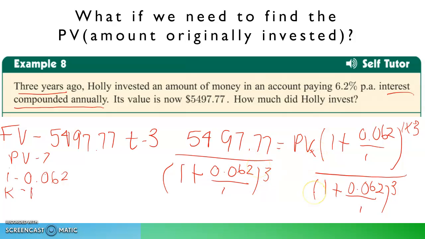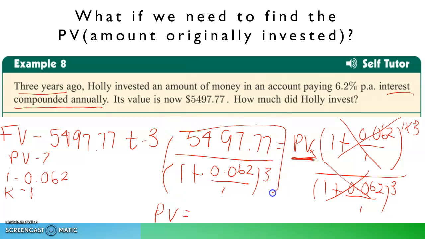Multiplying and dividing are opposite operations, so we know that this cancels out. So we're left with PV on its own now. If you were to put this information into your calculator, you will see that the present value, or the amount that you get when you solve this, is $4,590.